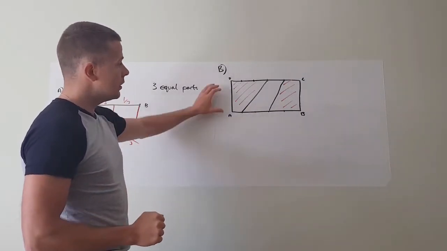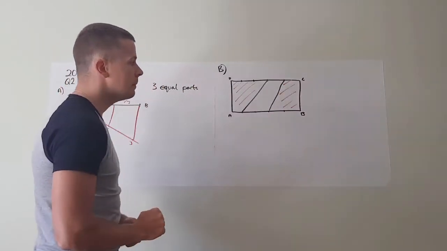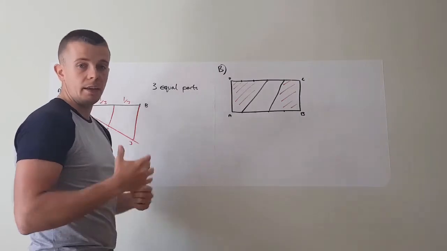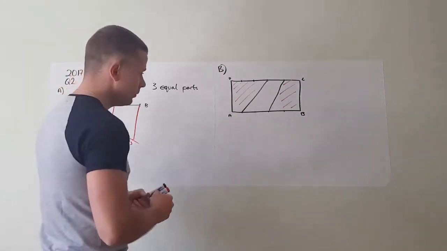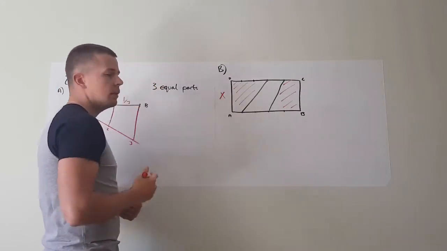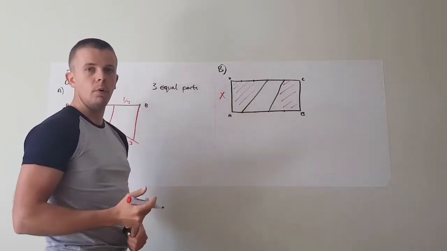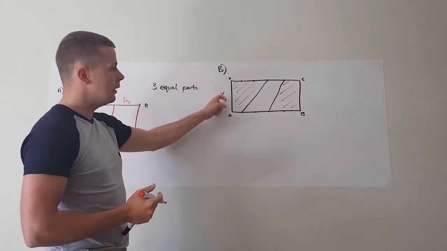If I look at the line AD or BC, could I call that a given length? I could. We might call it x, so whatever it is, x centimeters, millimeters, inches, feet, it's x long.